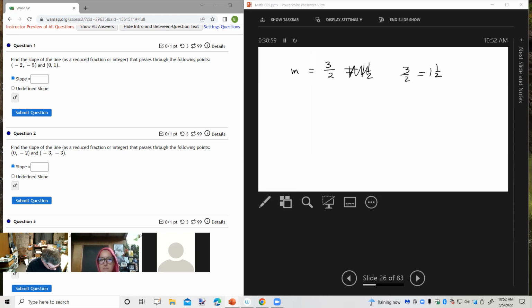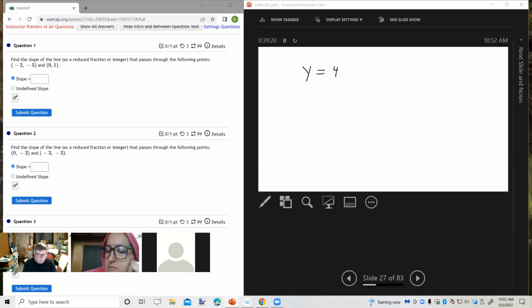All right, let's see here. I want to talk about if we have a line and the equation of the line is y equals some number, let's say y equals 4.